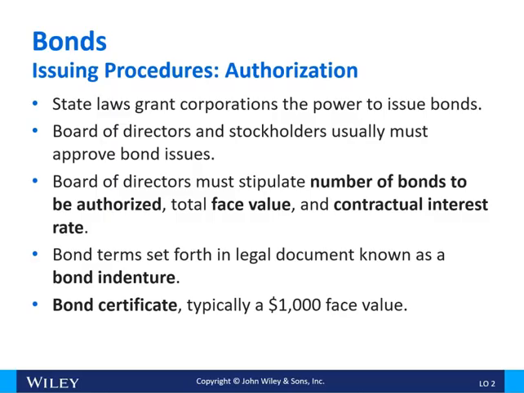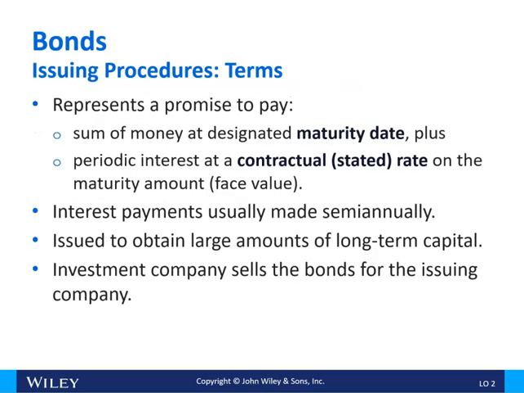Bond terms are set forth in a legal document known as a bond indenture, and a bond certificate, typically a $1,000 face value. This represents a promise to pay a sum of money at the designated maturity date, and periodic interest at a contractual or stated rate on the maturity amount, which is the face value.